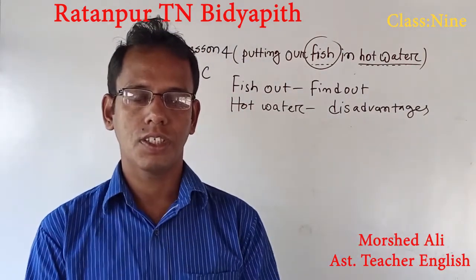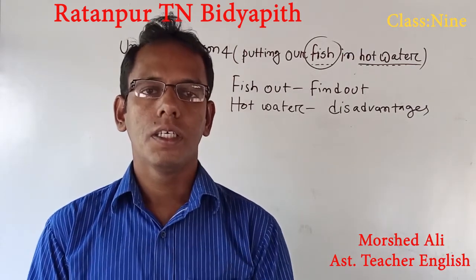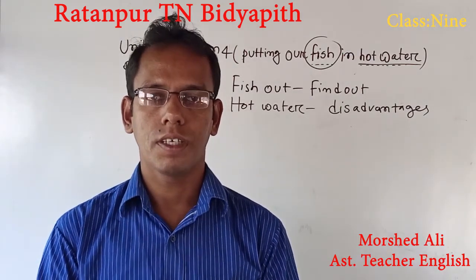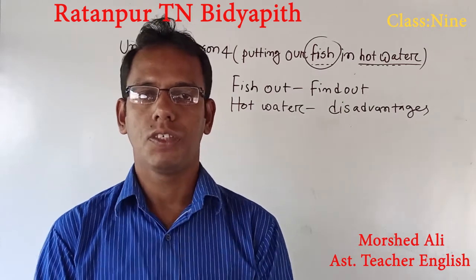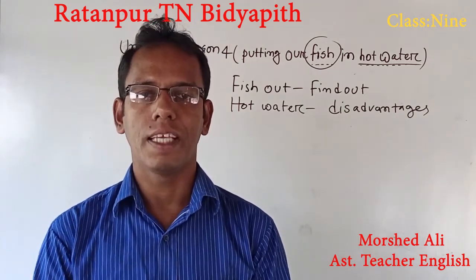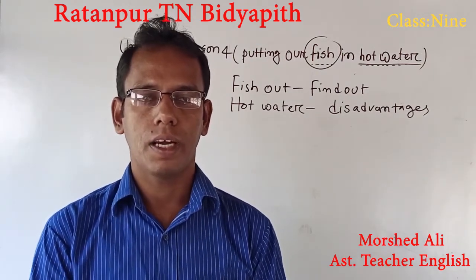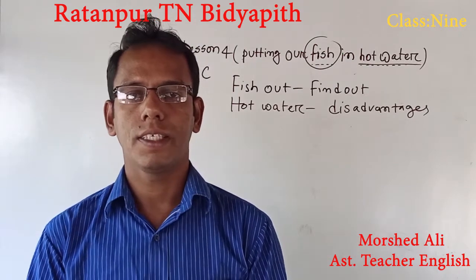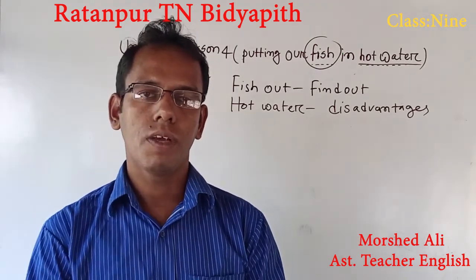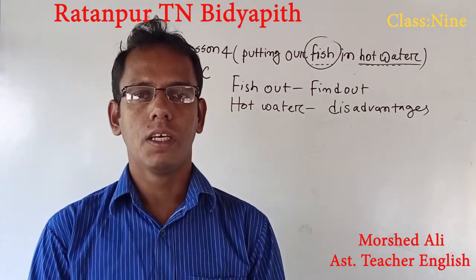That means the writer is telling you that you have to think for a few minutes that you are a fish. You have to think about yourself as a fish, and you have to make another friend, another classmate, another fish, and he will also think about himself as a fish.